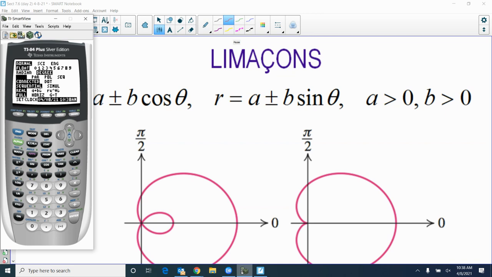That says function, that's what we're normally on, and that's like y equals x, y equals 2x. PAR is parametric, we don't deal with that. POL is polar, so hit enter. Now go back to y equals, and it doesn't say y equals, it says r equals.